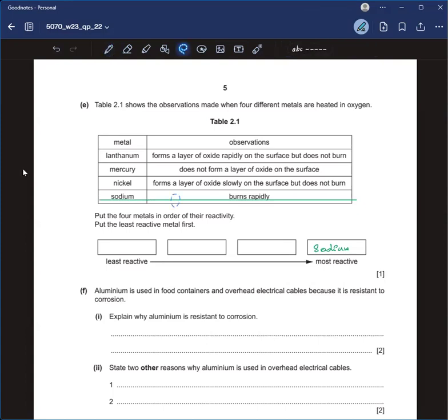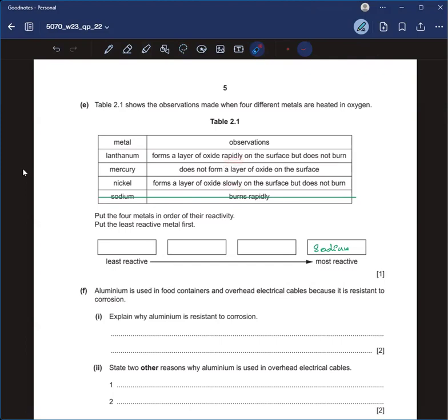So the next I would go for, let's see, nickel. But it does not burn. Forms a layer of oxide slowly. You see it says slowly. But here the same thing is happening, but it's happening rapidly.